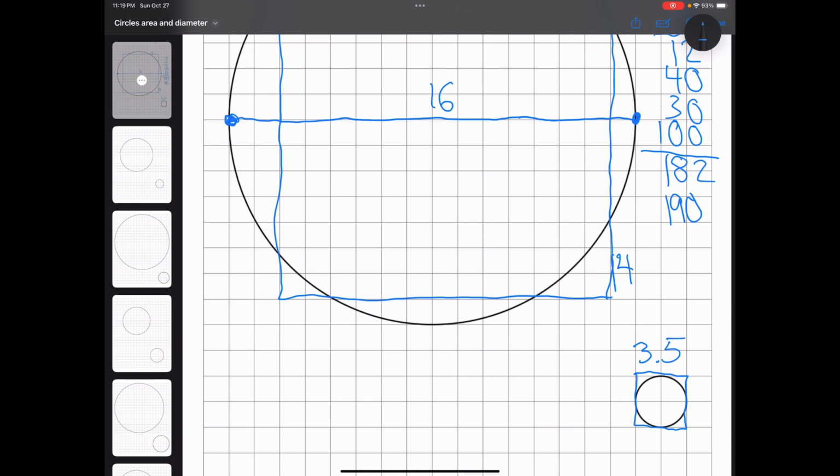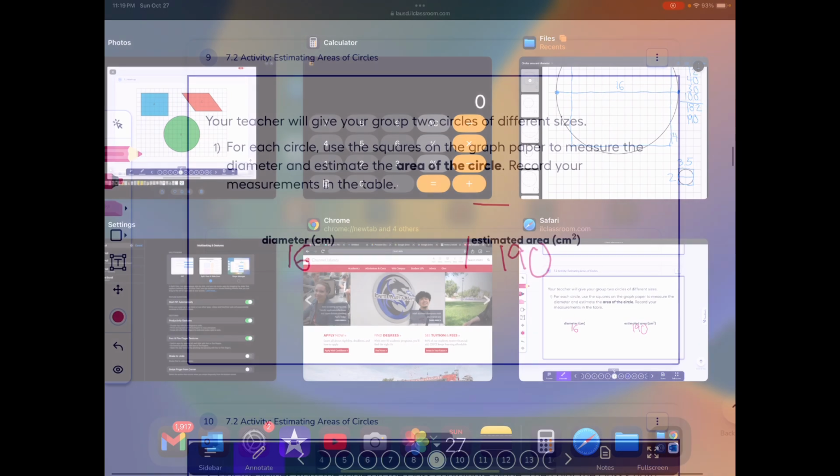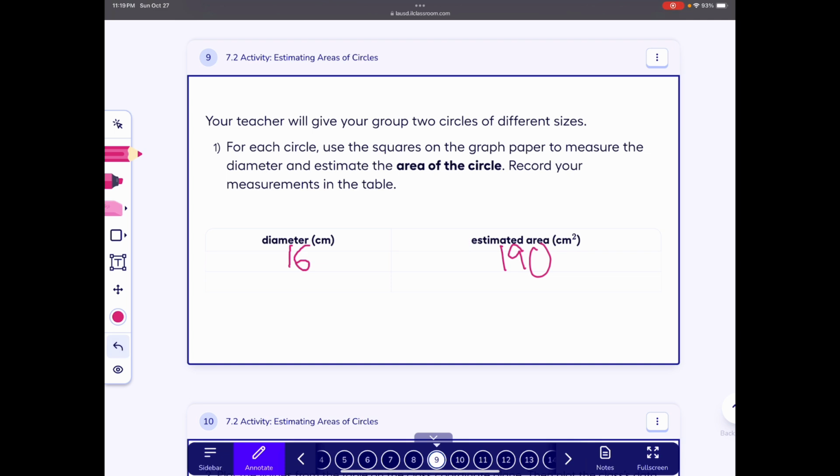It's just an estimate. And the diameter would be 2. So let's add those to our table: diameter is 2, estimated area is 3.5.